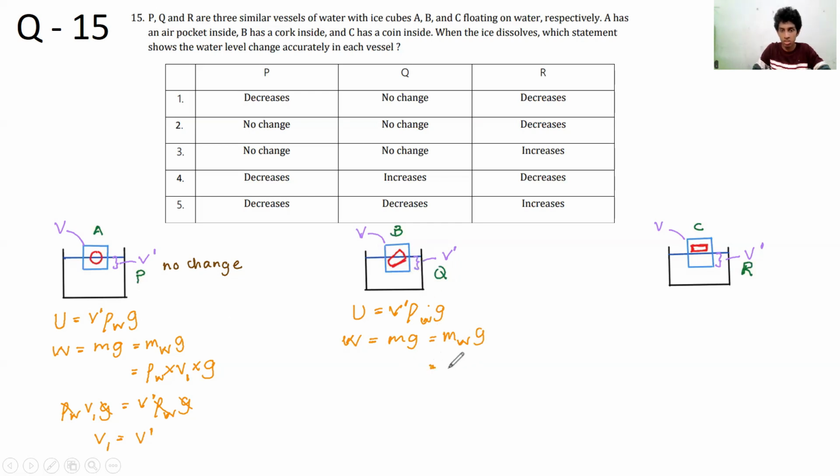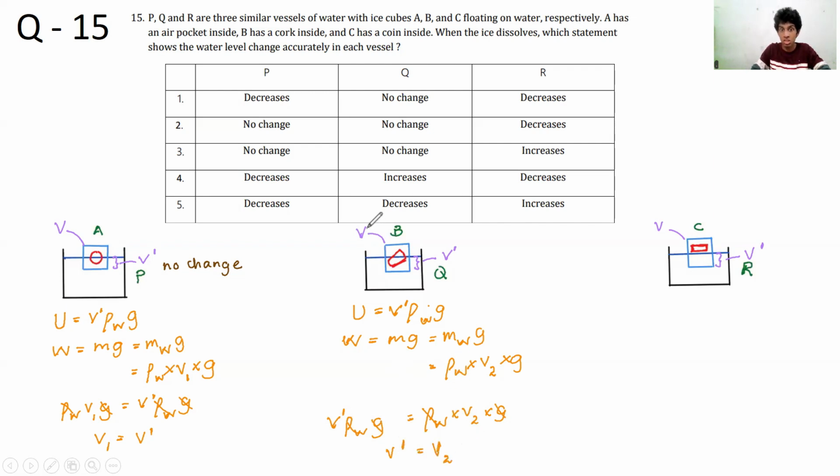So mW can be written as rho W into the volume of dissolved ice. Let's take that as V2 into G. So here, as the ice cube is floating, the upthrust is exactly equal to the weight. Therefore, V dash into rho W into G is equal to rho W into V2 into G. So here rho W and G cancel and V dash is equal to V2.